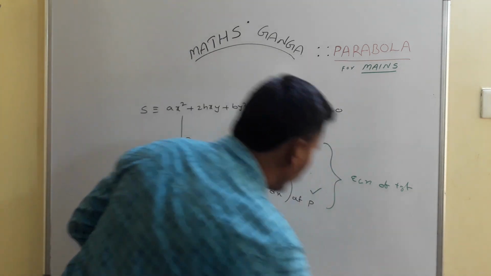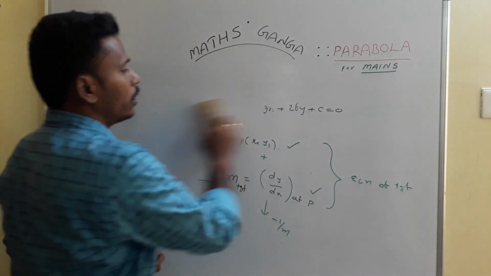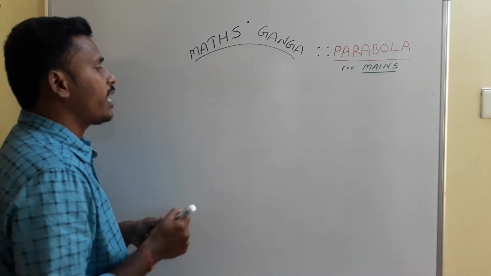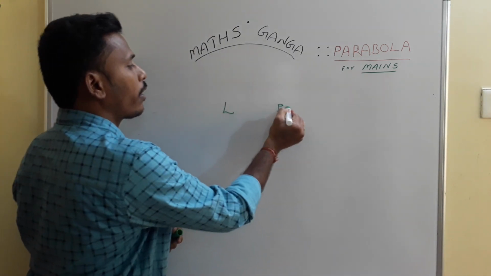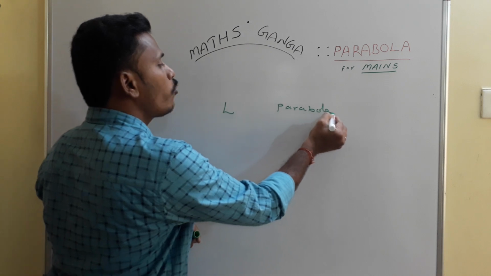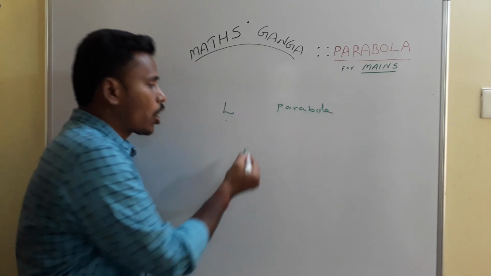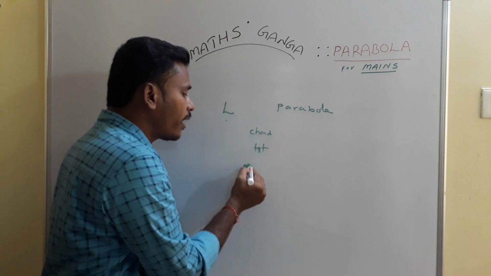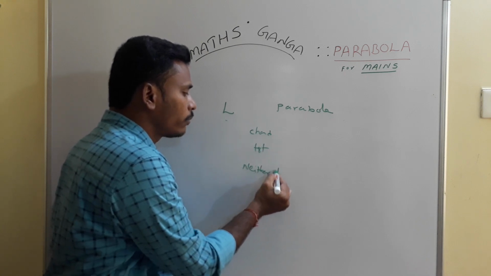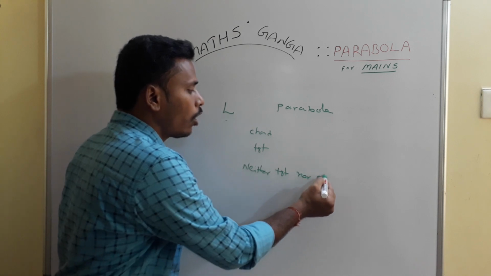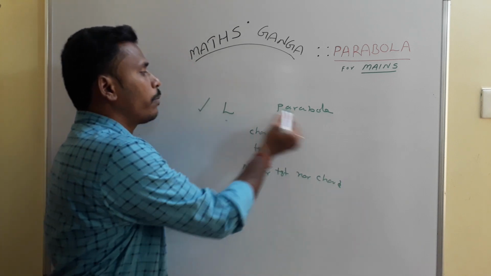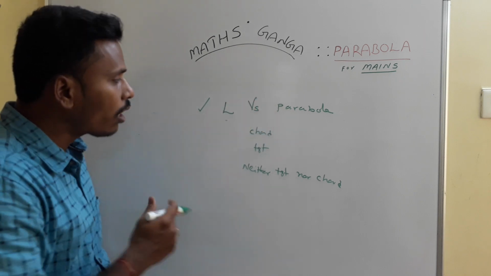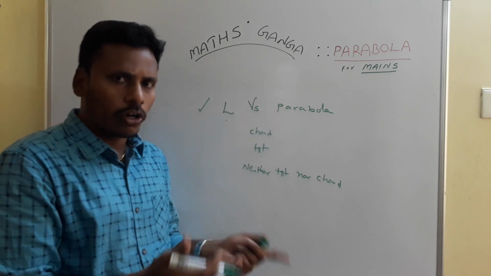One other thing we need to know to solve many problems is, if I have a line and a parabola, how do you decide whether this line is a chord, a tangent, or neither a chord nor a tangent for the parabola?